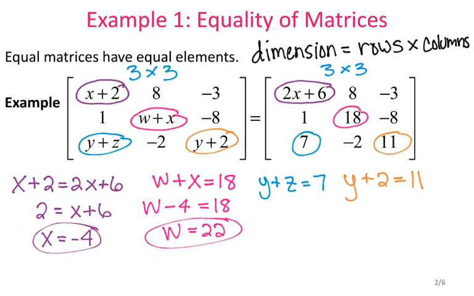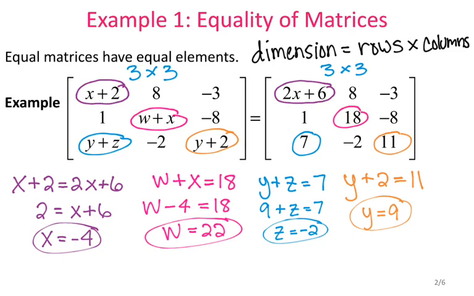Well, I don't know y or z right now, so I'm going to skip the blue equation and go to the orange, because my orange equation is actually going to let me solve for y. So y equals 9. And of course, now that I know that y is 9, I can use that to solve for z. So z is -2.